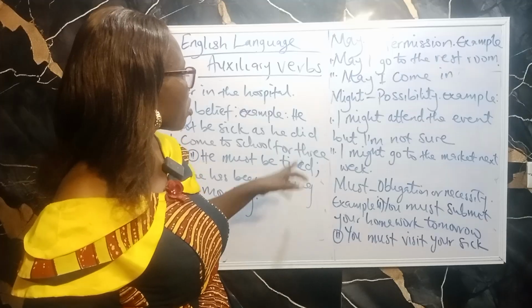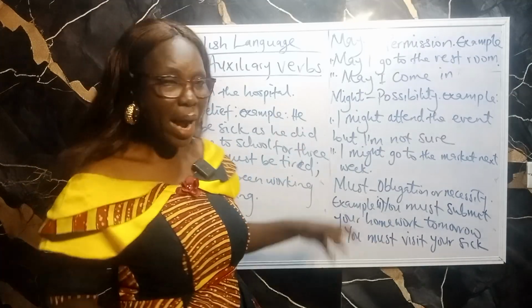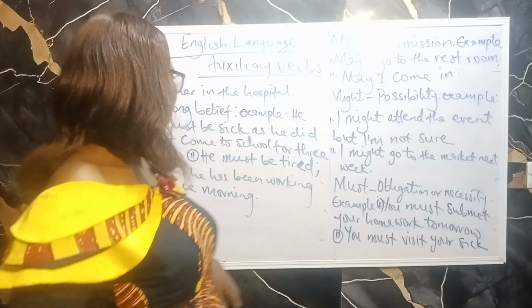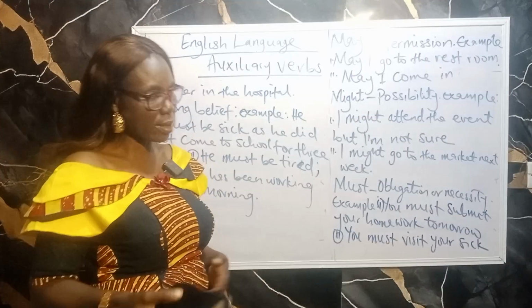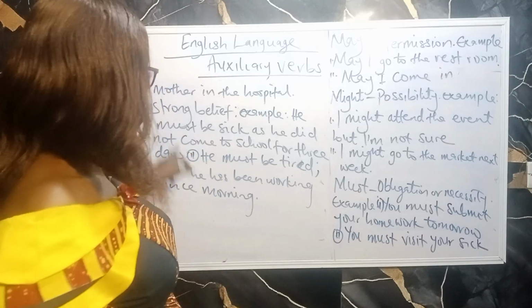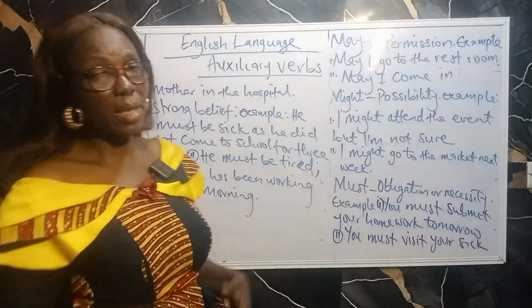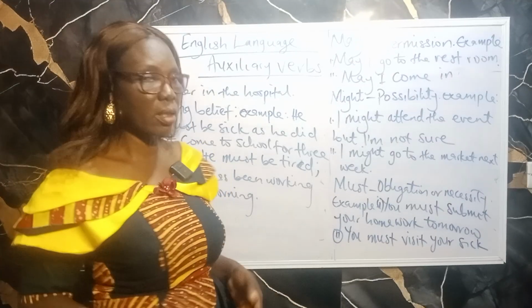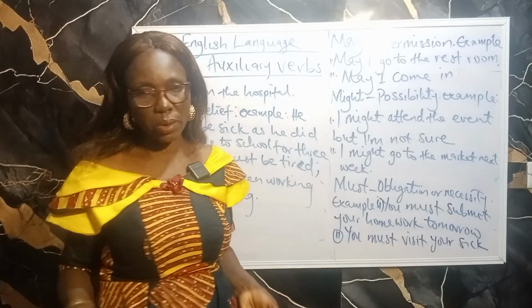And we can also use may for permission and possibility, might for possibility, and then must. We can use it for obligation and necessity. We can also use it for strong belief. And we have given examples of the uses.